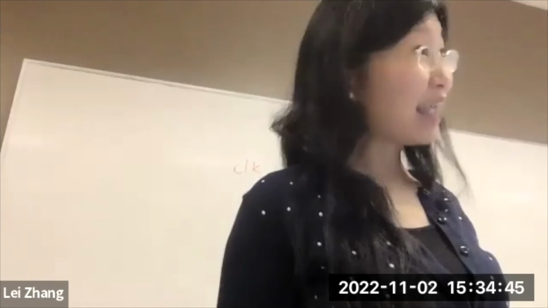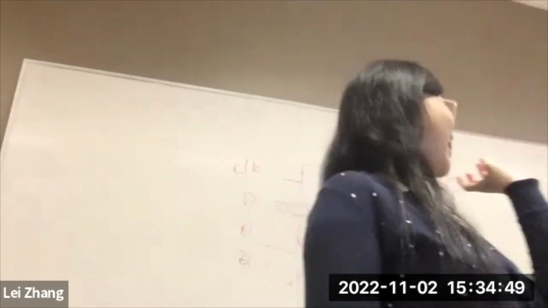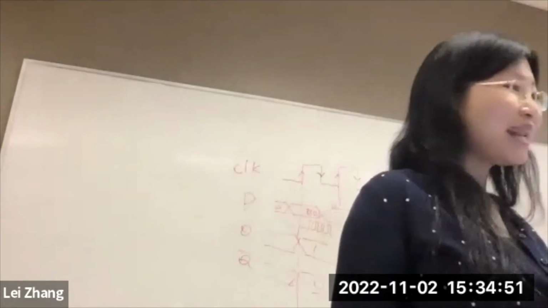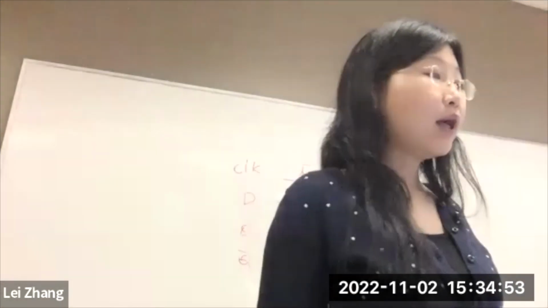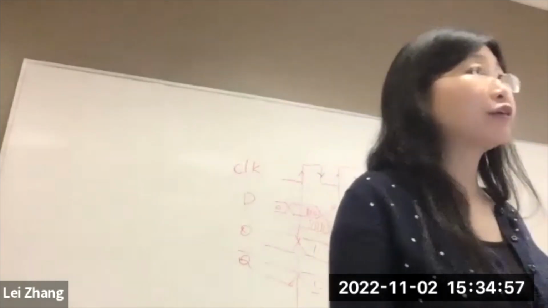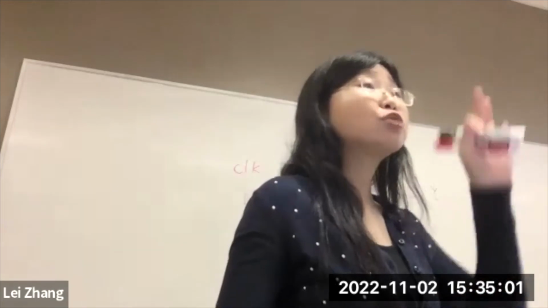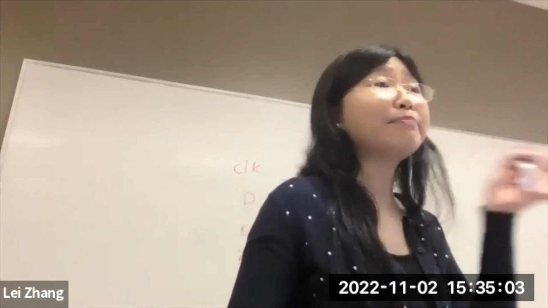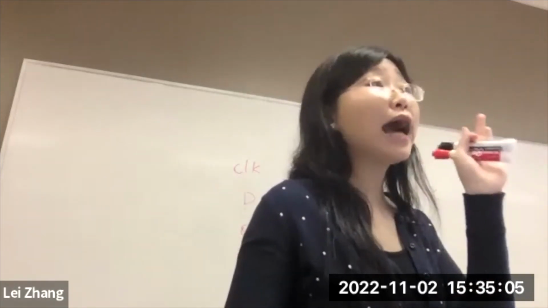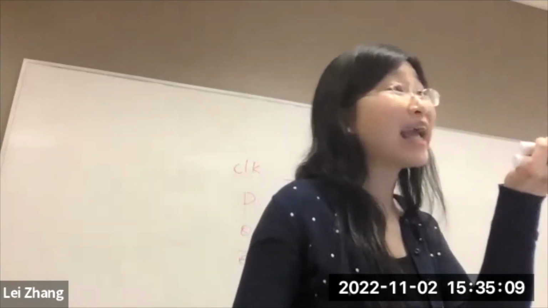That goes back to the previous question about the propagation delay, the delta delay. We're talking about the small delay of not the AND gate, the inverter. The inverter has a small propagation delay. That means when the input changes, after a small propagation delay, the output will change, right?